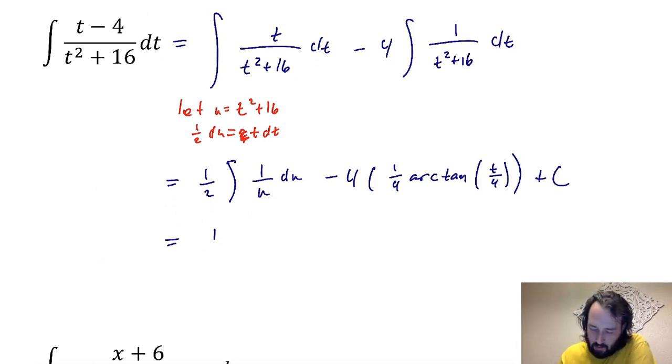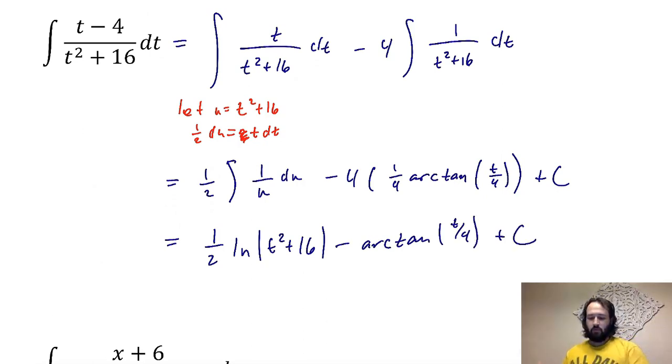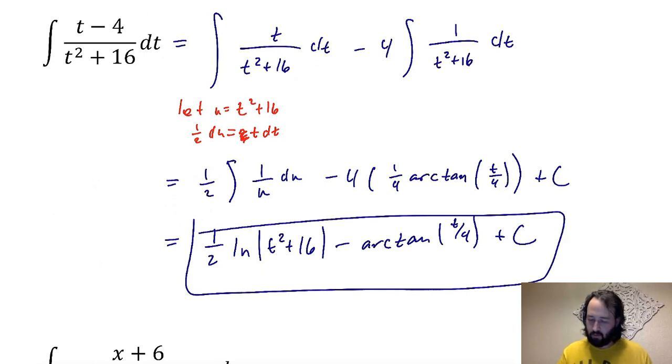And 1 over u is ln, right? So 1/2 ln absolute value of t squared plus 16. And really, I don't need the absolute value in this case. Minus arctan of t over 4. All right, so again, really all this is just using those derivative rules, but we're using them backwards with our inverse derivatives.